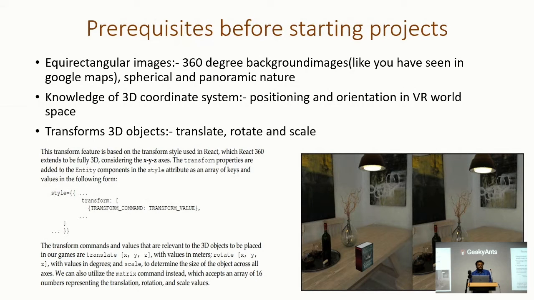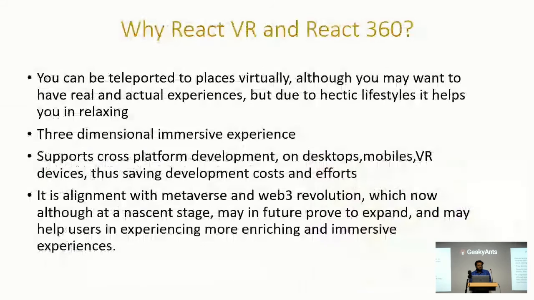The prerequisites which you need to know before starting projects on these technologies are equirectangular images. That means these images are basically 360 degree in nature. The nature of these images is panoramic and spherical rather than just 2D images, which only work on the X and Y planes.